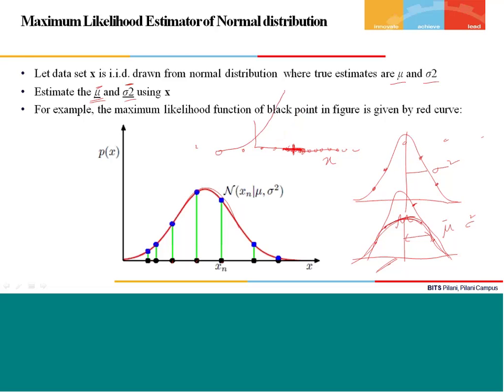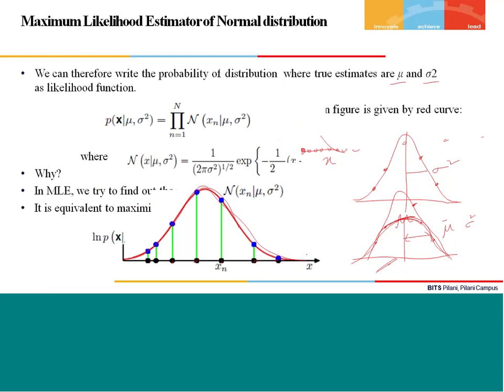When you want to show it graphically, it is like this. This is mu, and these are the black points, the data points which you want to fit. The maximum likelihood function that is drawn is this red one.